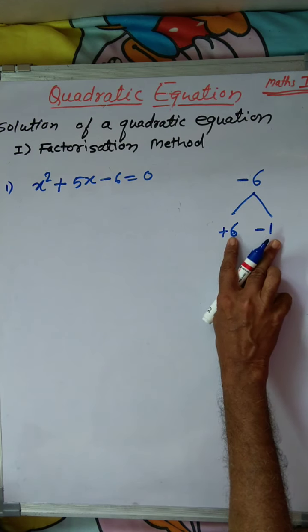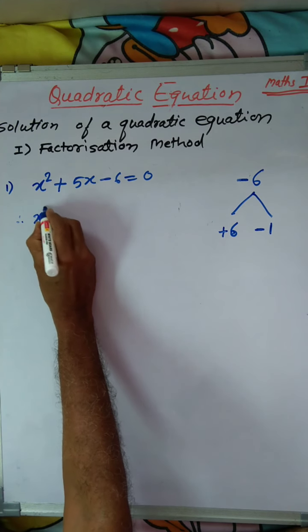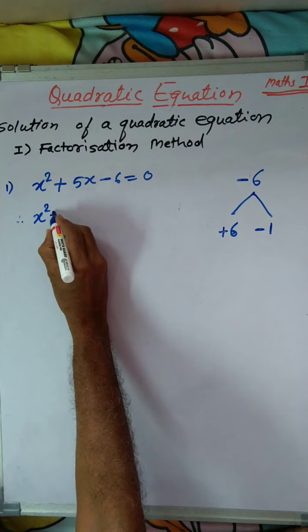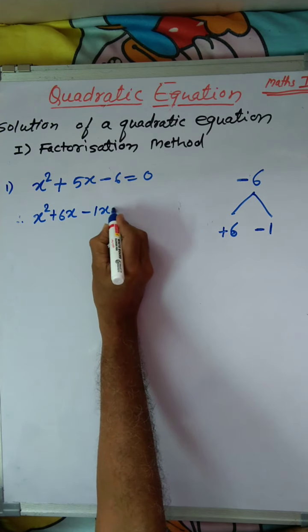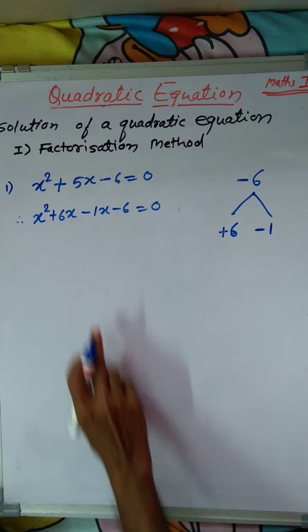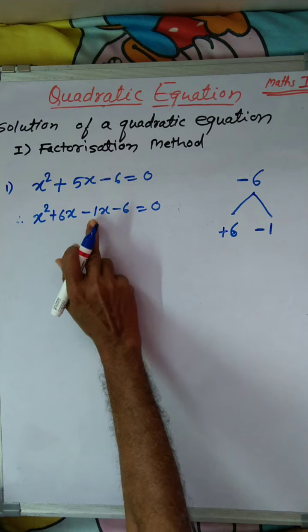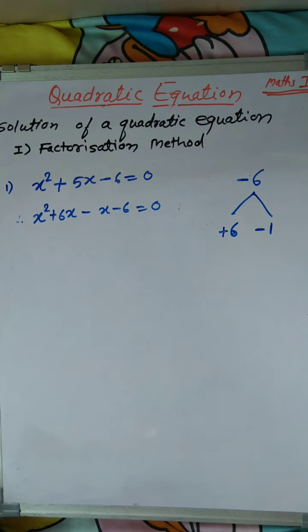Now the product of this is minus 6. Hence we split the middle term: plus 6x minus 1x minus 6. I write minus 1x; otherwise you can write only minus x, which is also correct.